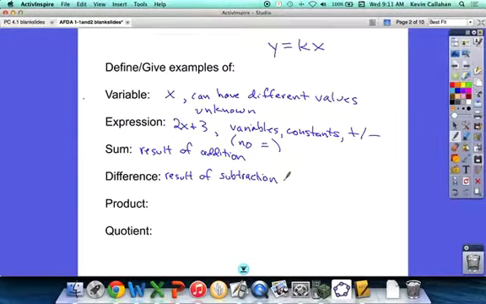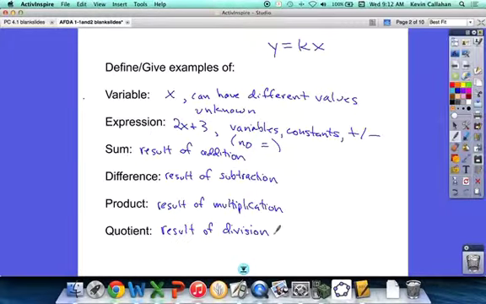What is a product? The result of multiplication. And the last one, quotient. It's a division. Result of division.